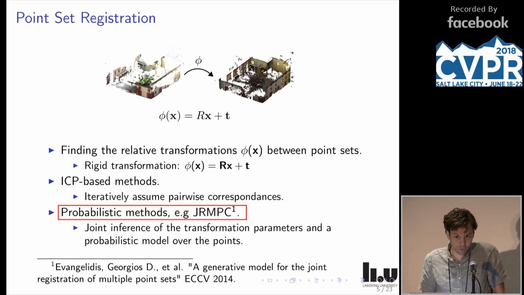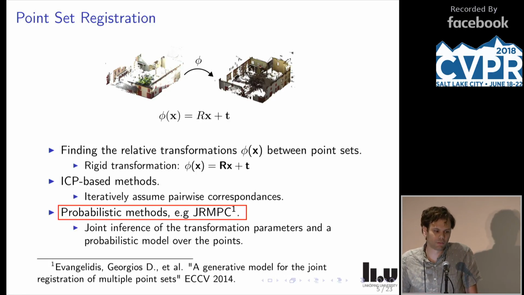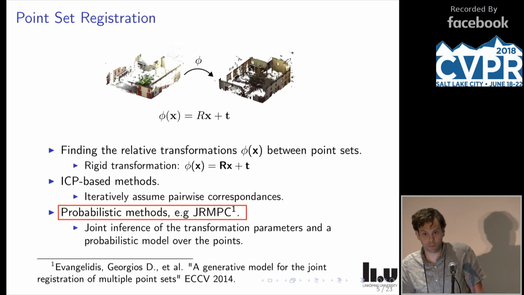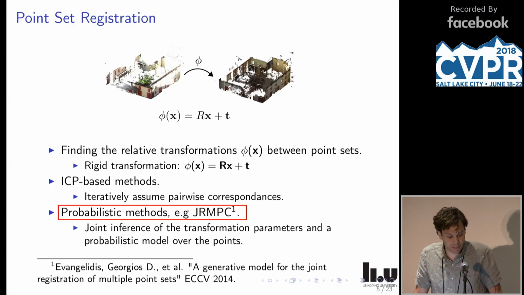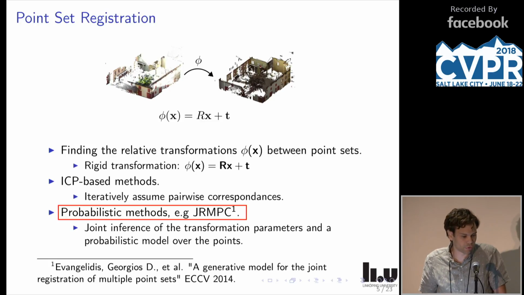Methods for point set registration can be roughly divided into two main classes. First we have the ICP-based methods, where you iteratively assume pairwise correspondences between the point sets, and then the transformation parameters are found by iteratively minimizing the distances between these pairwise correspondences.